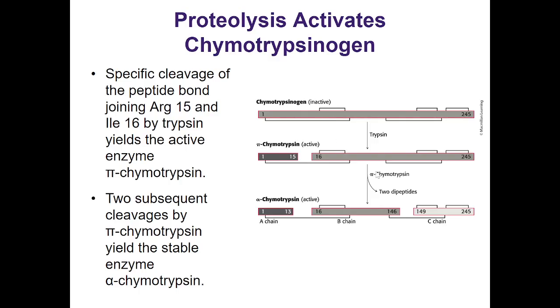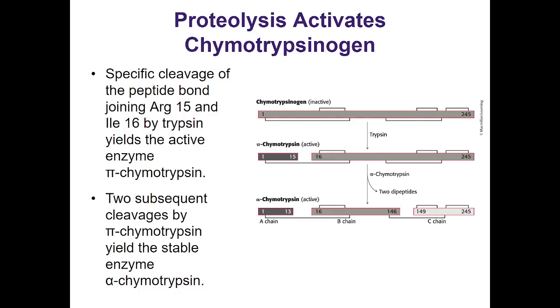However, we can have two subsequent cleavages that will happen, because the pi chymotrypsin will actually cleave other pi chymotrypsins. Okay? And this will actually give us two dipeptides here. It also is going to give us the stable enzyme, which is the alpha chymotrypsin, which is another active form, but this active form is going to do the total results we wanted out of the chymotrypsin.